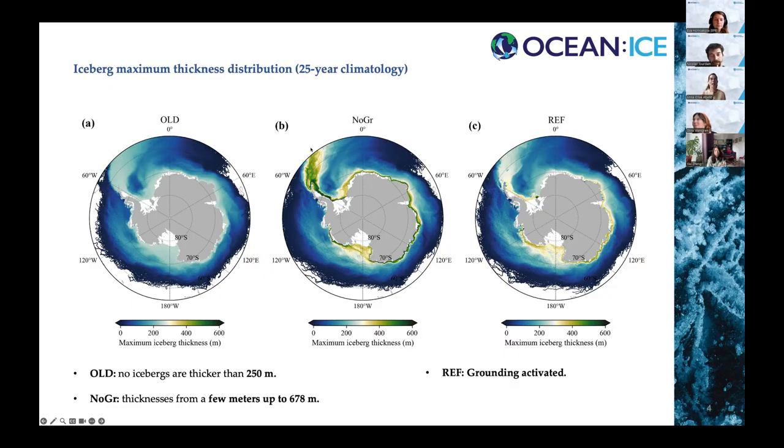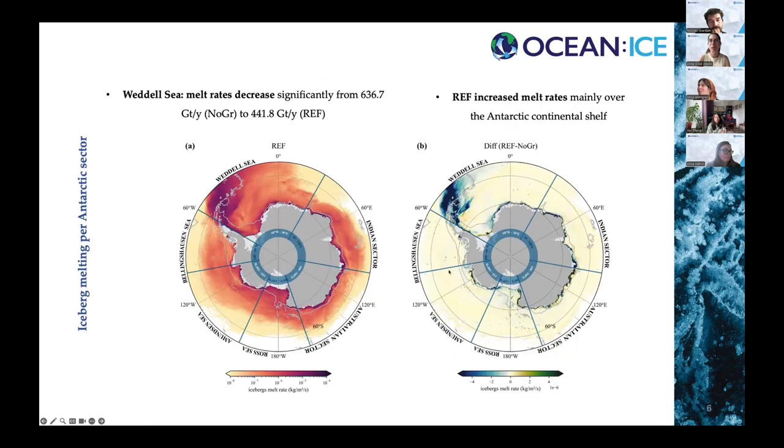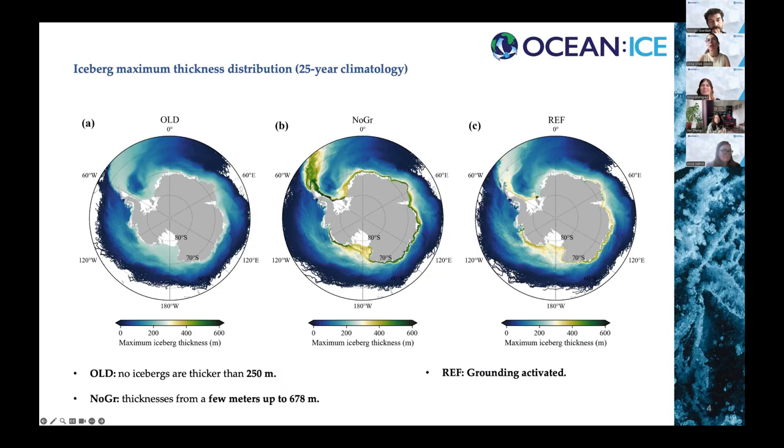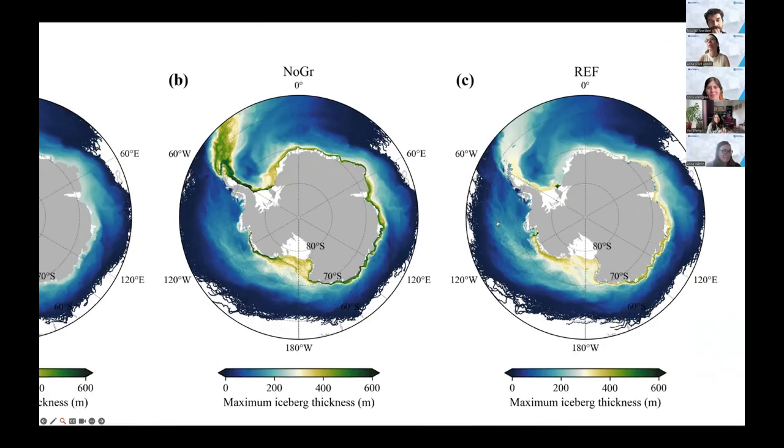However, this iceberg maximum thickness distribution will change completely if we activate this simple grounding scheme. As you can see in panel C, icebergs will have the capability to ground. I will zoom in if I can. Okay, perfect.